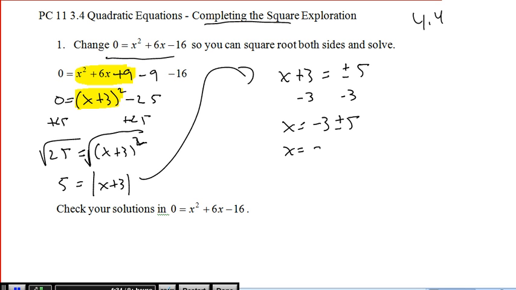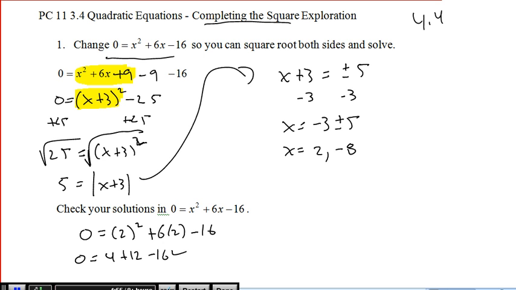Negative 3 plus 5 is 2. Negative 3 minus 5 is negative 8. So there's our two solutions, and let's just make sure they both work. That guy works.